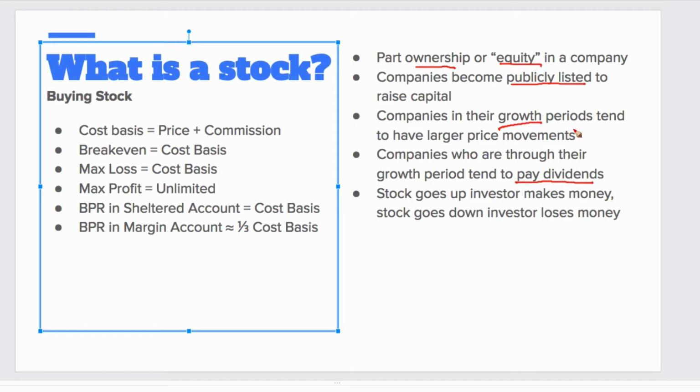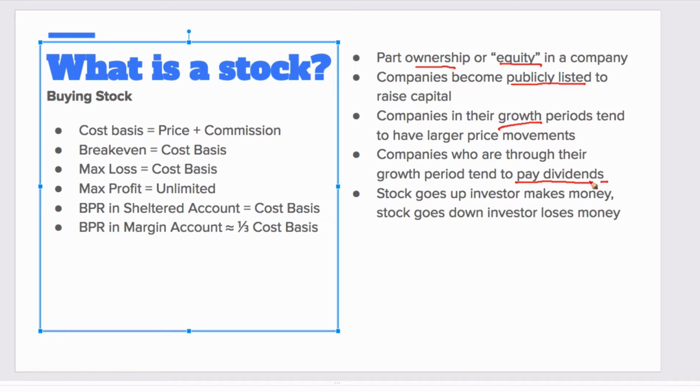And the basic difference is that companies that are in these kind of growth periods, growth companies, don't tend to pay out dividends because they're putting the money back into the innovation within the company. Companies that are through these growth periods do tend to pay dividends, but they move more slowly.